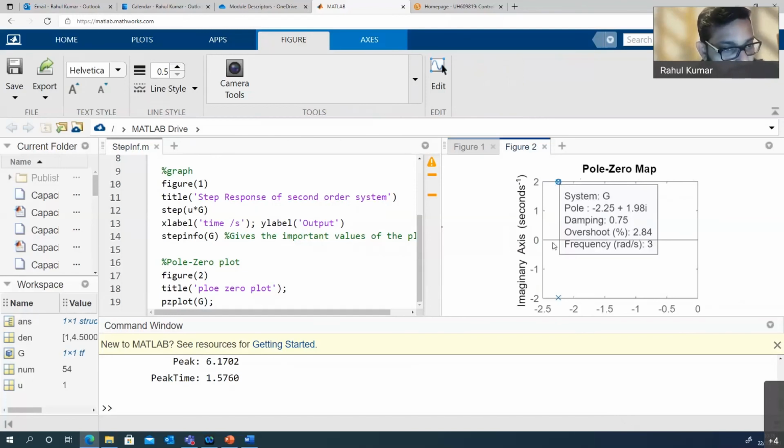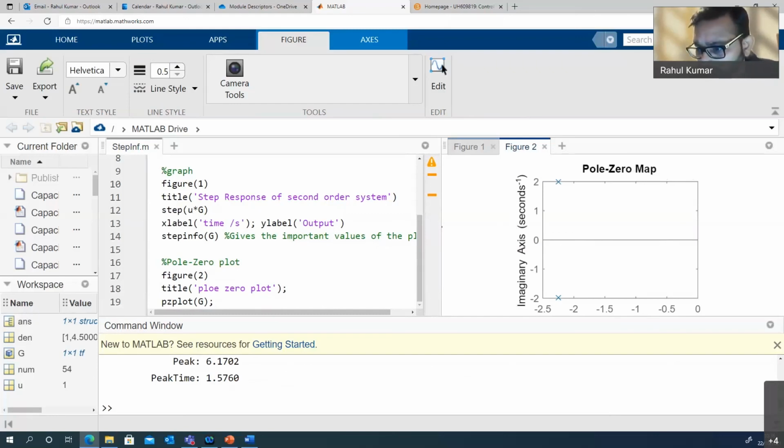Currently it was a second order system with no zeros, so it is plotting the two poles like that. So you can use these functions for developing your model or for analyzing your system.